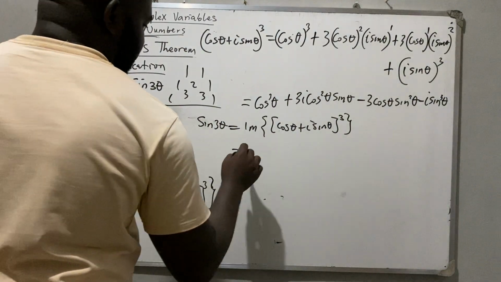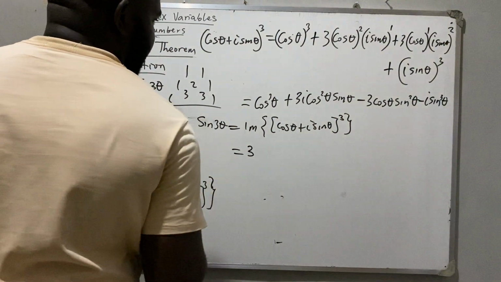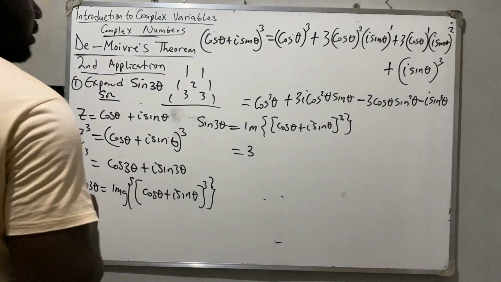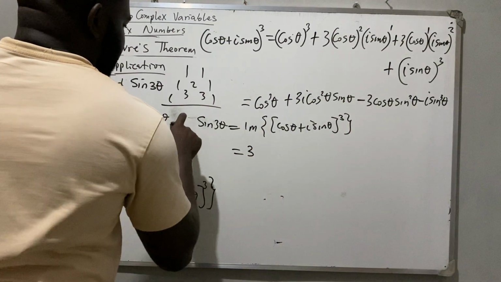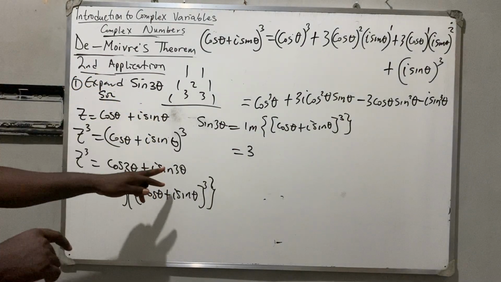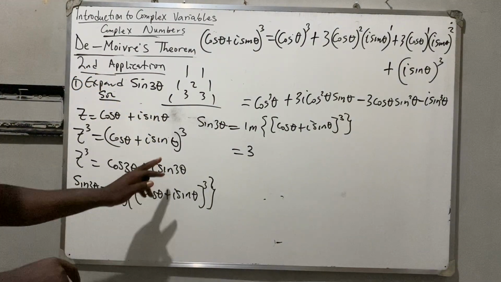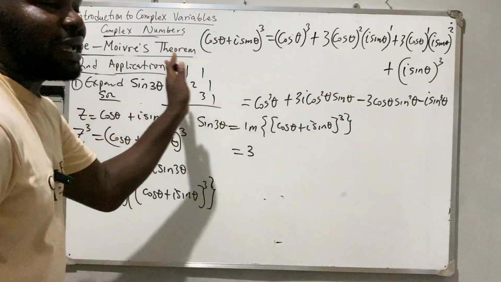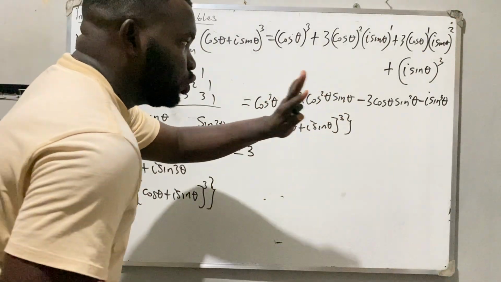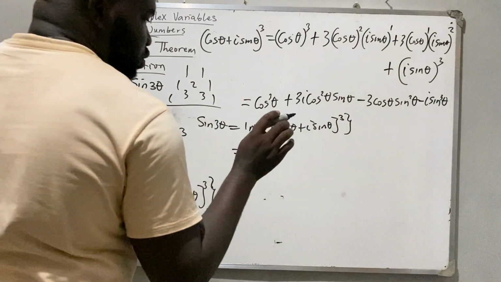So the expansion of that is what? Remember I expanded this here, and then write them with i so that I can cancel i, or just take only those that have i but don't include the i.